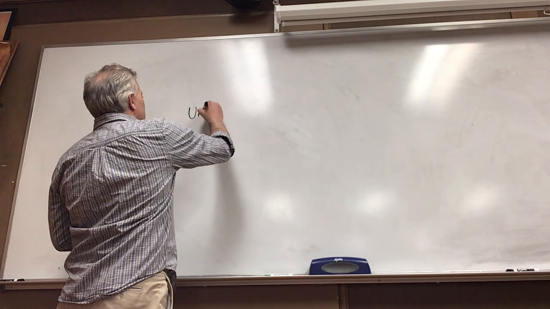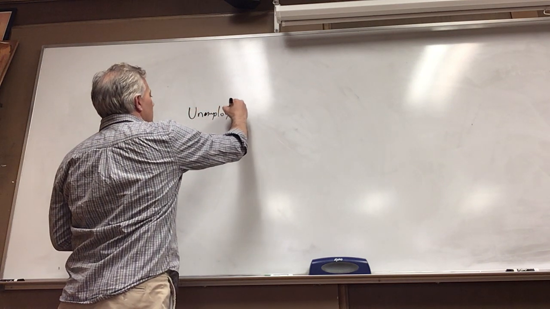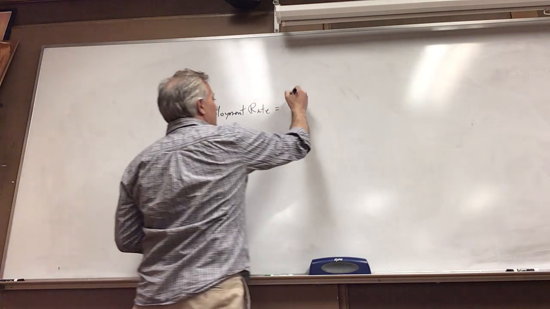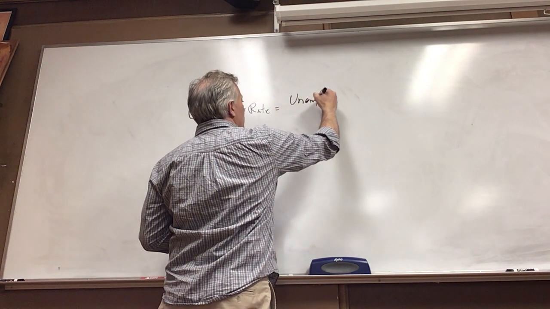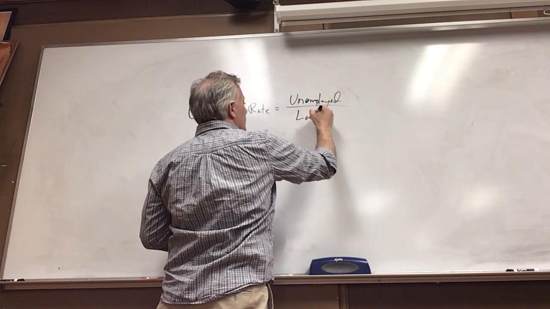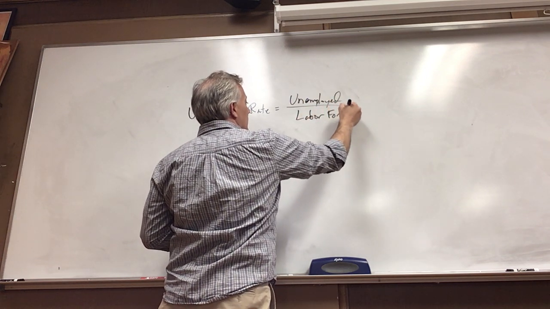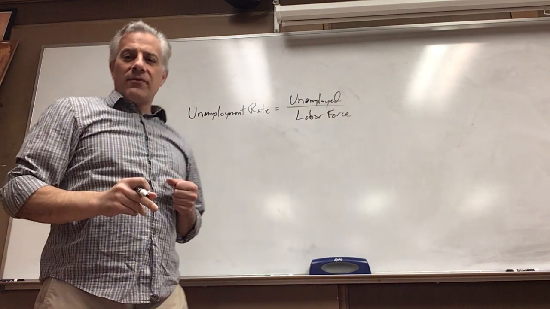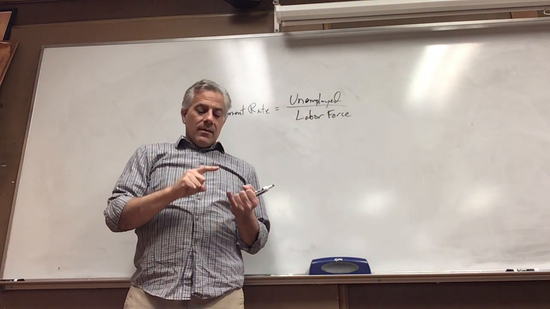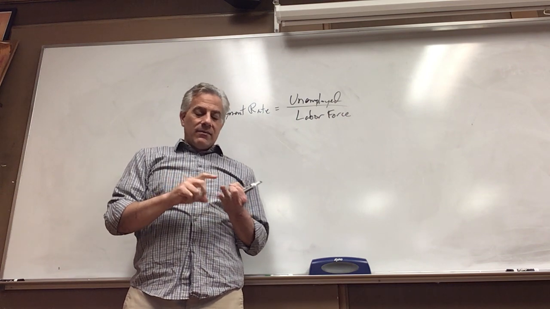Remember, the unemployment rate is the number of unemployed divided by the labor force. Who is in the labor force? Well, let's talk quickly about who's not in the labor force. Military's not in the labor force.